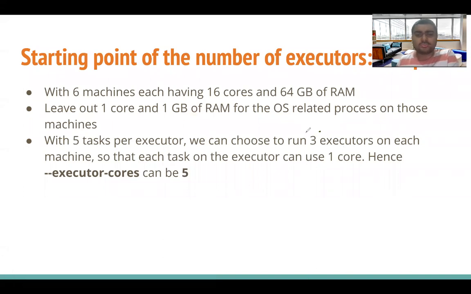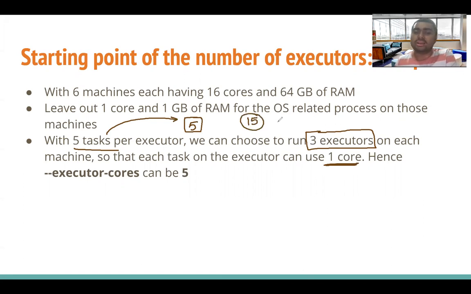If you run 5 tasks on each executor and you would like to give one CPU core to each task, then each executor will require 5 CPU cores because there are 5 tasks inside one executor. And each machine has got 15 CPU cores, so you can run 3 executors. So that's the way it works.